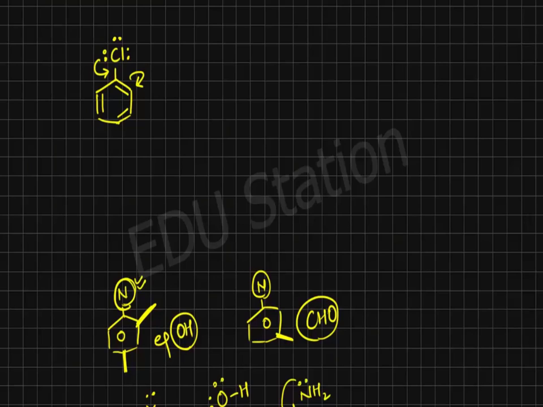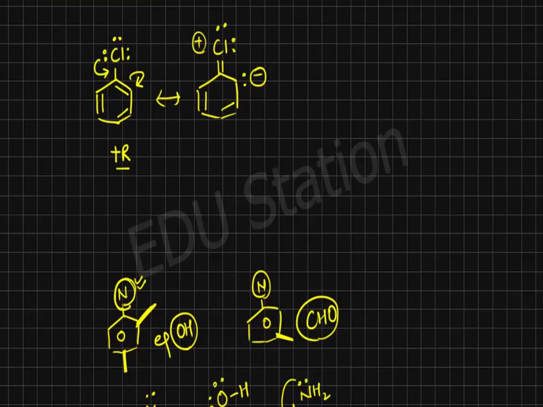So, what do you call this? Plus R. So, can you visualize the next structure? It will be like this, double bond Cl positive, and negative will be at ortho. You can draw the rest of the structures.